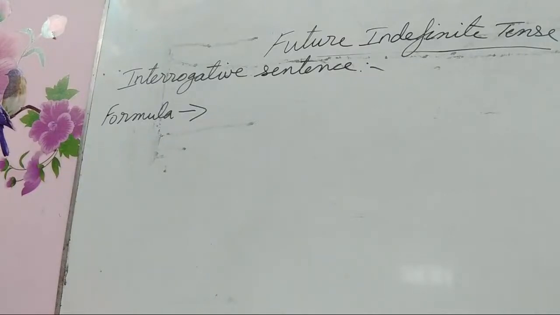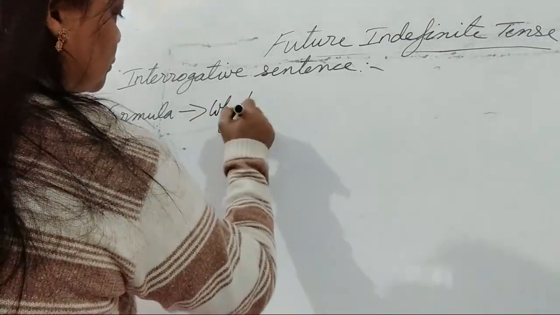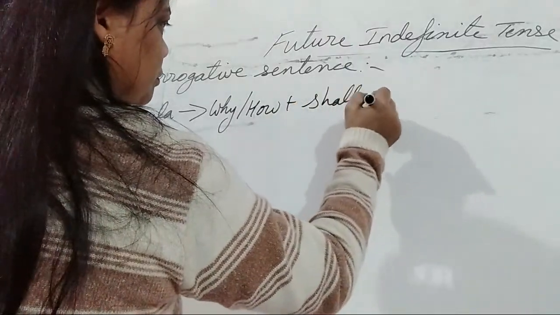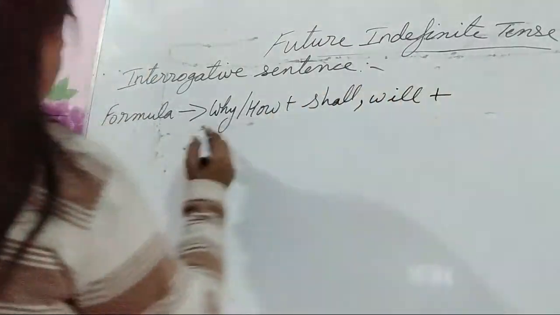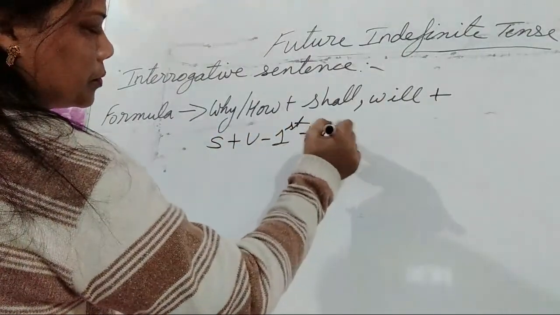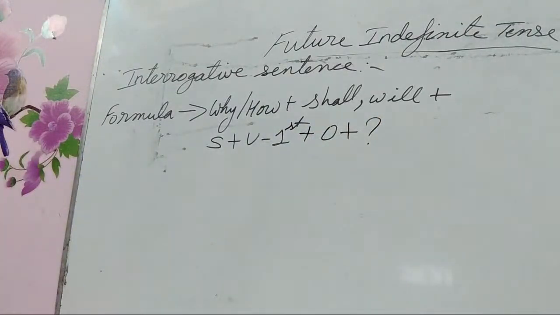So the formula for the interrogative sentence in future indefinite tense is why or how plus shall or will plus subject plus verb first form plus object and the question mark.